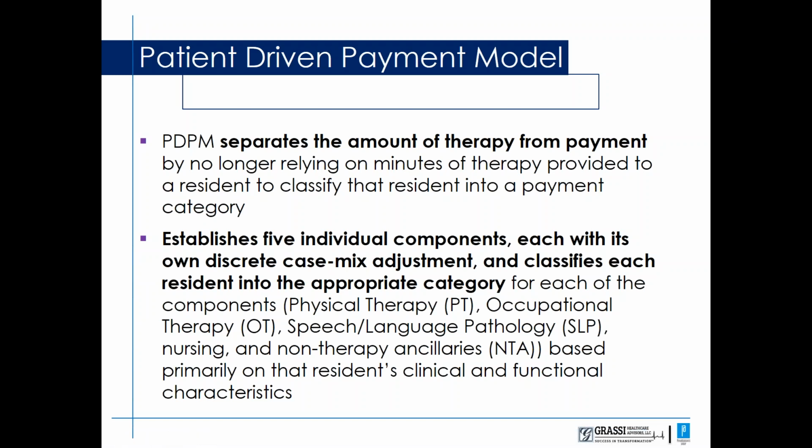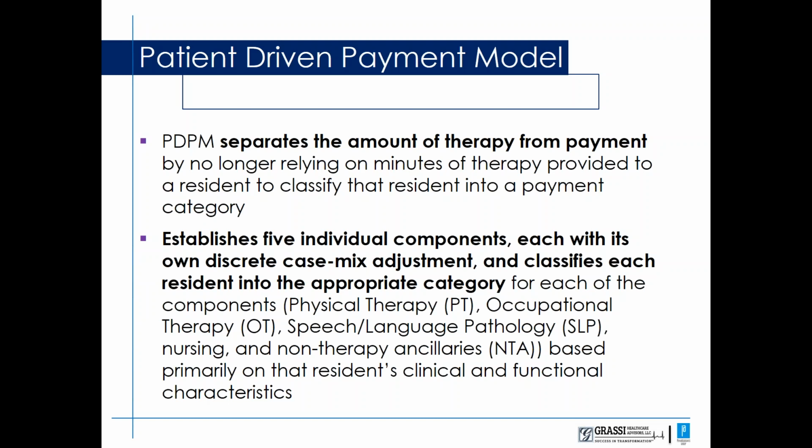So regardless of whether a person was in primarily for medical issues or social determinant type of issues, like not having a safe place to go to or whatever, we always looked to try to get them into therapy, because the more therapy minutes we got, the higher the reimbursement rate goes. That's no longer the case. You can't do that with PDPM.